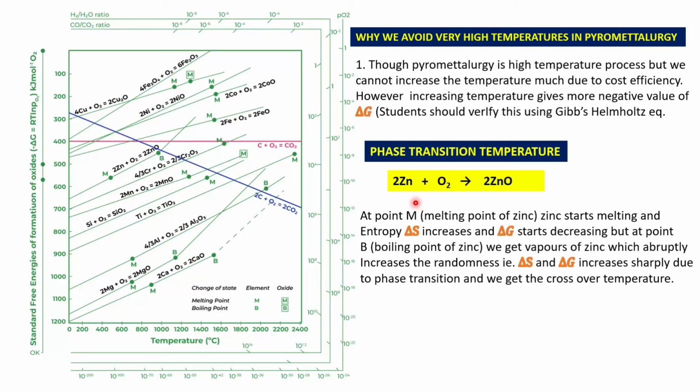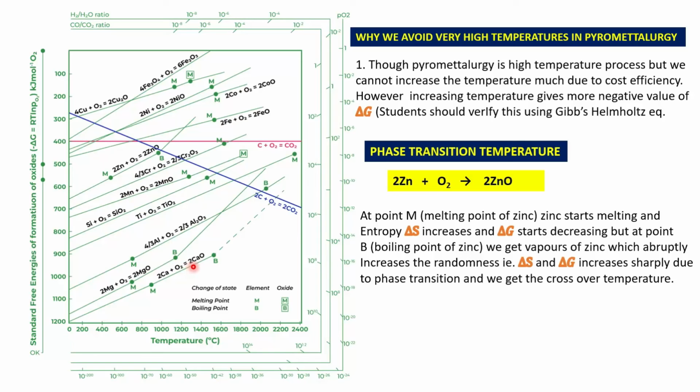Now, another very important thing: phase transition temperature, which is different from the crossover temperature. So where is the phase transition temperature? Let us focus here. If you move along this particular graph, this is M. M is the melting of calcium. Here your calcium metal starts melting, so randomness will increase.